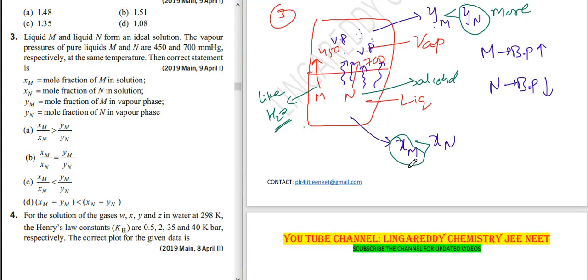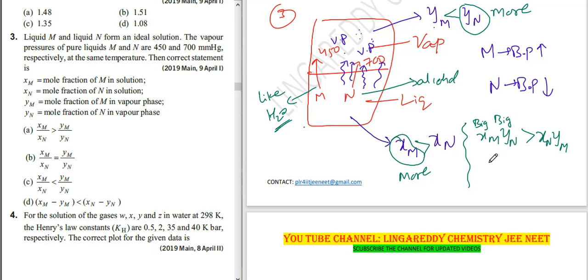So here xm is more, there yn is more. See here, if I write xm into yn, always it is a higher value than xn into ym, because this is also a big value, this is also a big value.